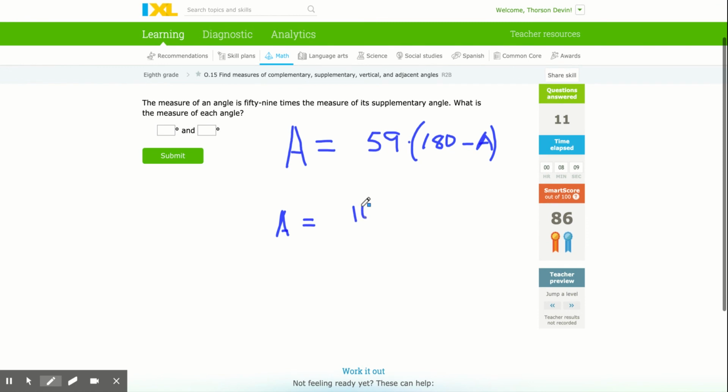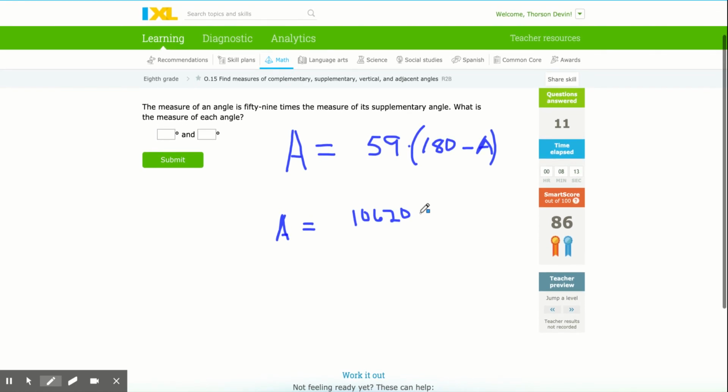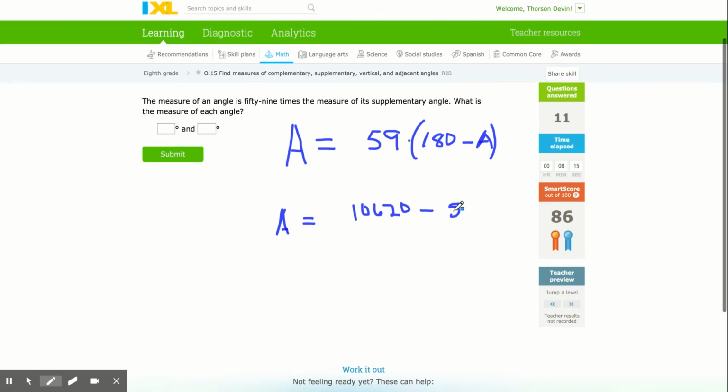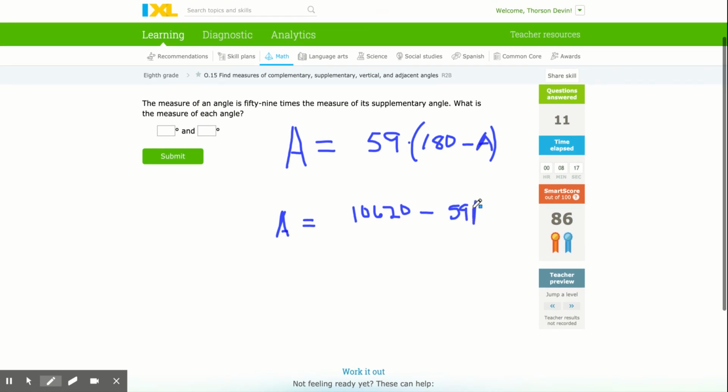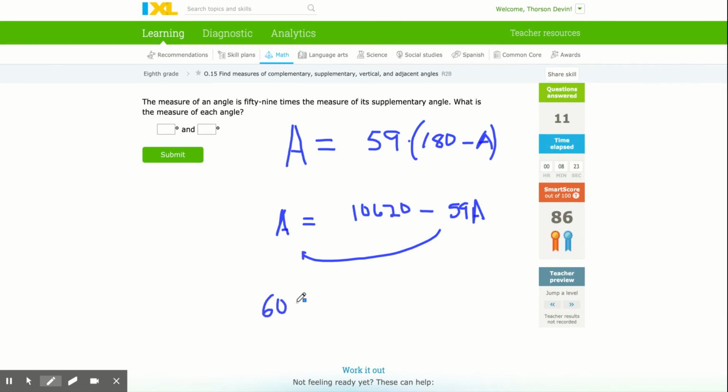59 times 180 is 10,620 minus 59A. So now when I bring the A to the left side, I'm going to have 60A, because I'm adding 59A to the 1A, equals 10,620. And I'll bet you anything that divides evenly. Even if it doesn't, it's possible to have a decimal answer.